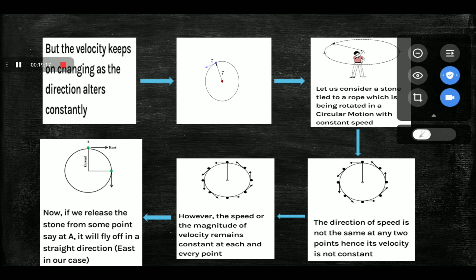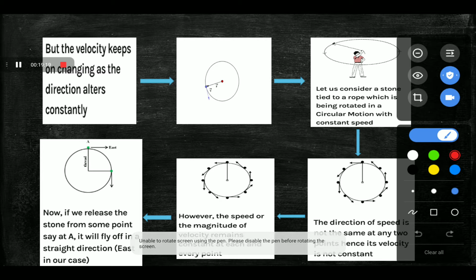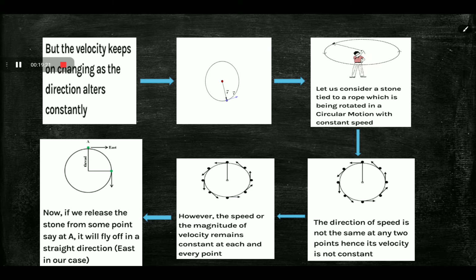Here, in the next slide, the speed is constant, but the velocity keeps on changing. Why? Because at each and every point, the speed is constant, but the direction of the object keeps on changing. And as the direction changes, its velocity also changes.